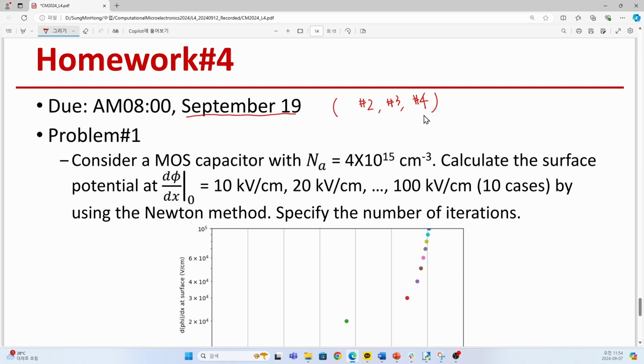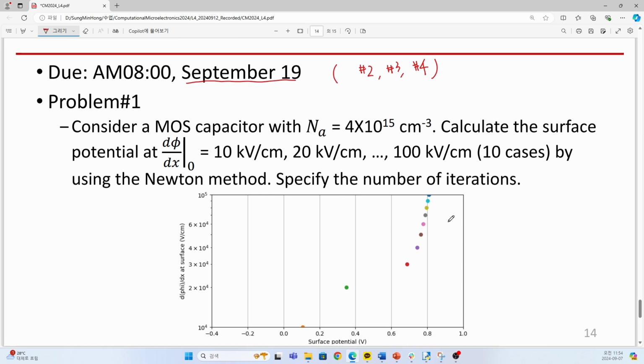But I think that each of them is not that difficult, so I hope that all of you can submit the homework problems without much difficulty. The homework problem is like this. Just implement a Newton method to solve this MOS capacitor problem.